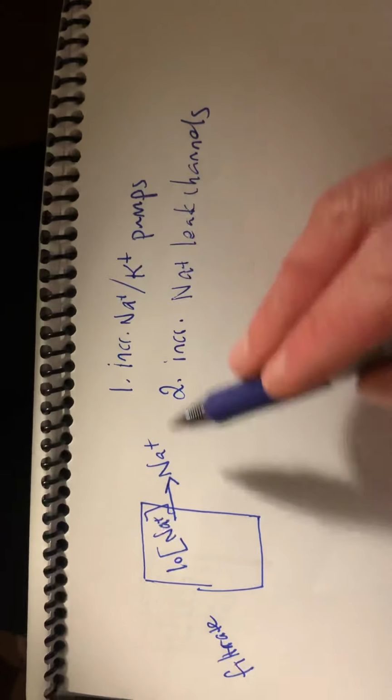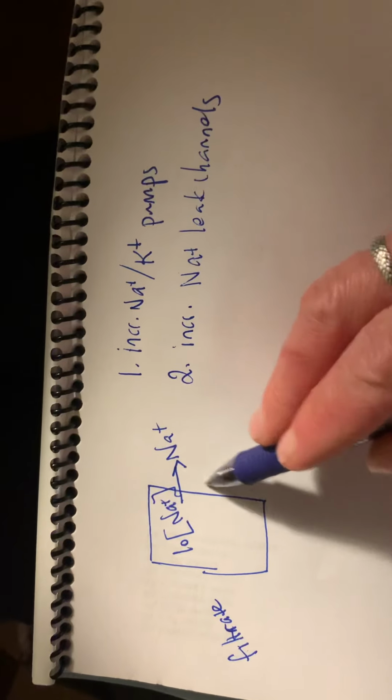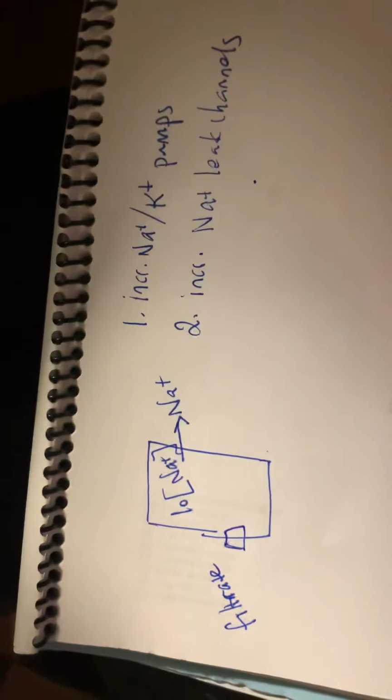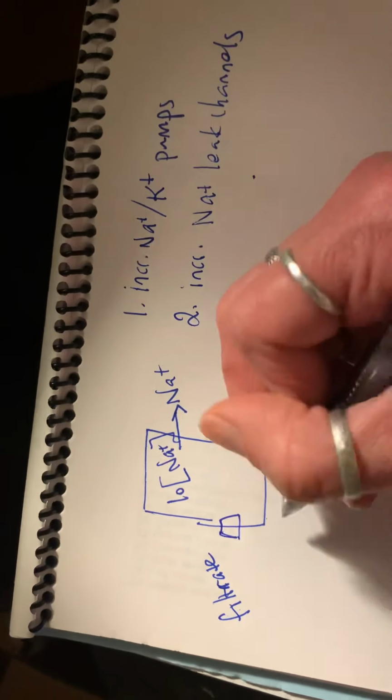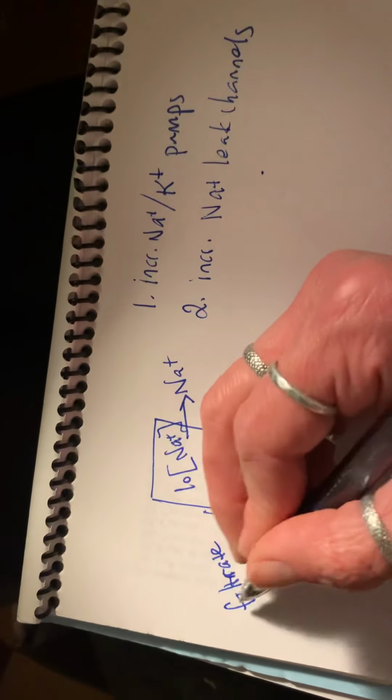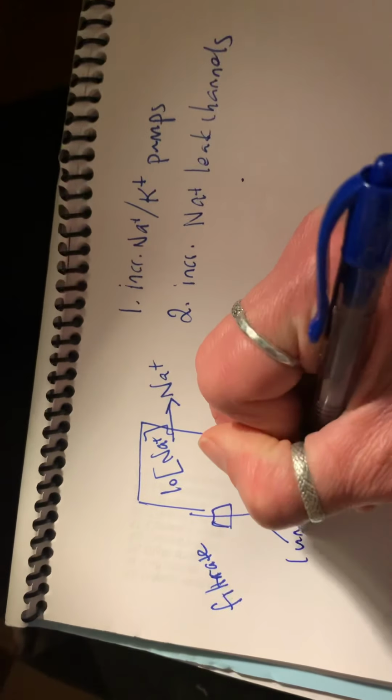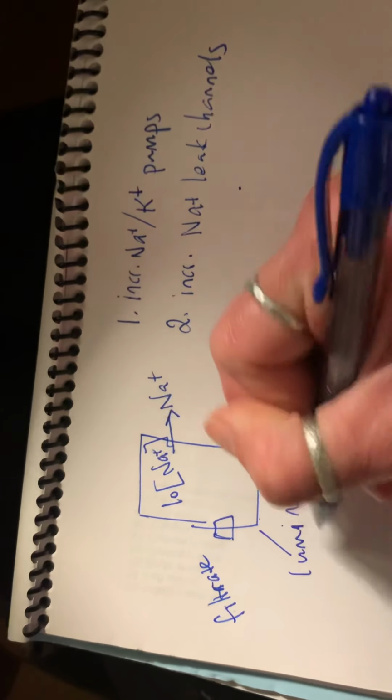So make sure you know where both of these things are happening. Remember, the sodium-potassium pumps are on our basolateral membrane. The leak channels are going to be over here on the luminal membrane. And it's a luminal membrane because it faces the lumen of the tubule where the filtrate is.